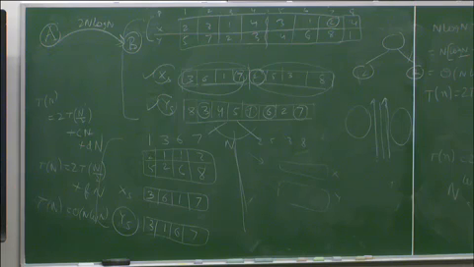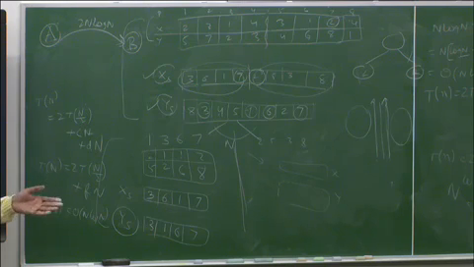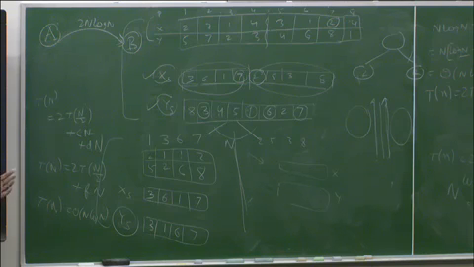So what's the overall time? It is n log n plus n log n, which is 2n log n, or e n log n plus f n log n if you want to put the constants in there. And so your overall time is only order of n log n.